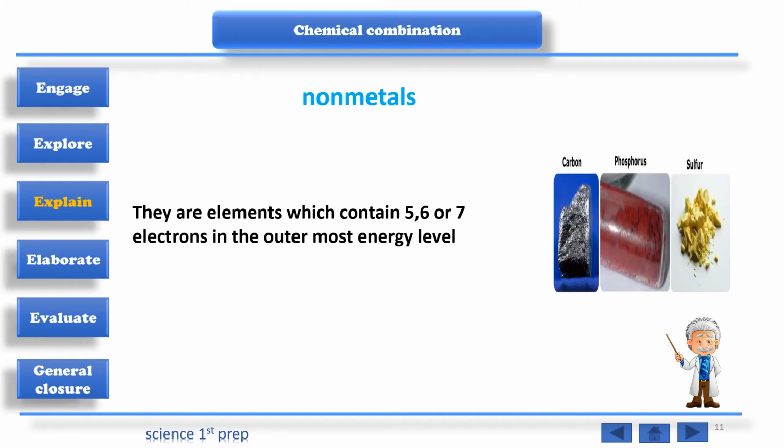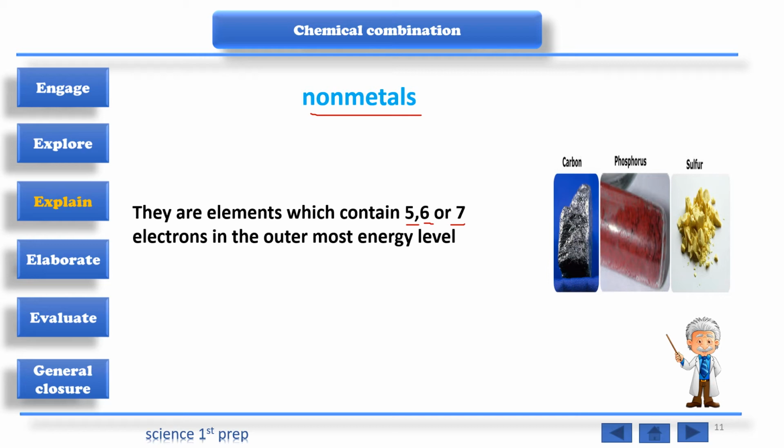And now let's talk about non-metals. They are the opposite of metals. They are elements which contain 5, 6, or 7 electrons in the outermost energy level. Could you tell me the number of electrons in a metal's outermost energy level? 1, 2, or 3.